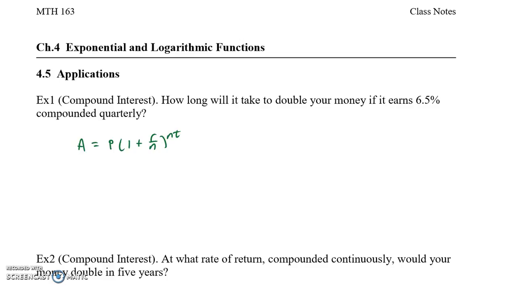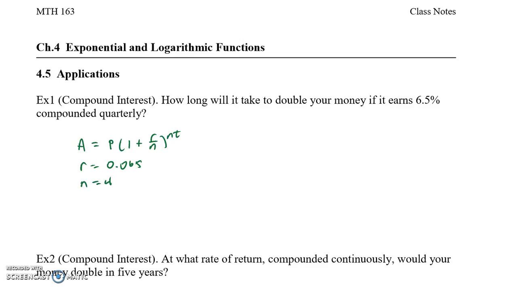So in this particular case, we have our interest rate r, which should be expressed as a decimal, 0.065. Compounded quarterly means the number of compoundings per year is 4.